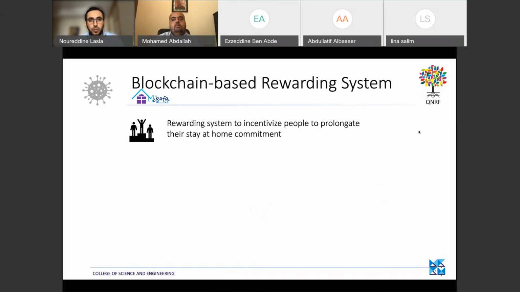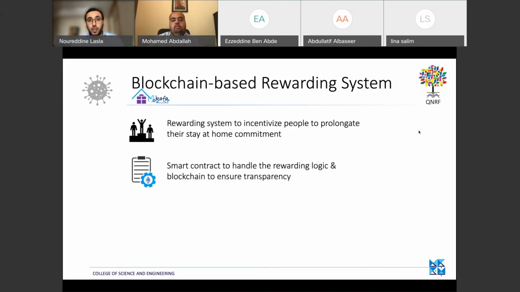The idea is to reward and incentivize people to stay at home or to prolong their stay at home, and to use blockchain technology to enable a completely transparent system for rewarding and ranking people for their commitment.